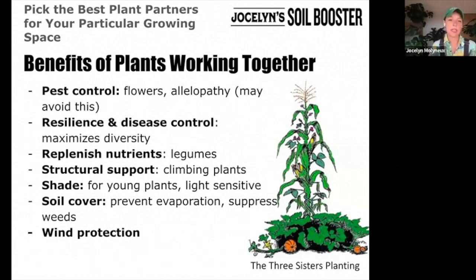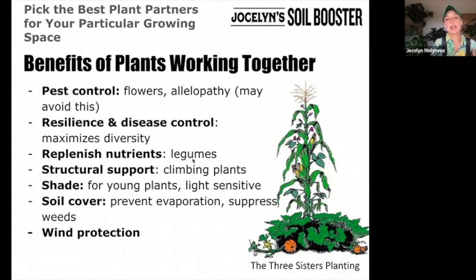And in regenerative growing, it is one of the techniques that we use, especially if we're running low on nitrogen in our soil. Plants also can provide physical characteristics that help improve our yields or our growing space. So a classic example, which we see here, is the Three Sisters.